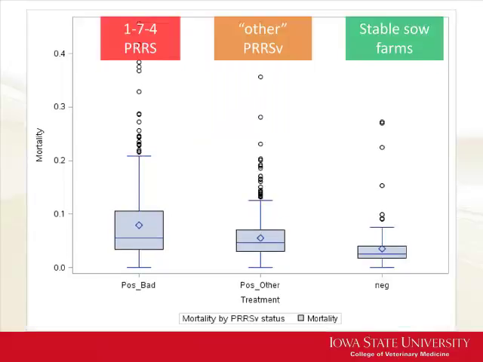We did a similar thing here, but we were interested in this slide on the effect of 174. So those were the flows positive for 174, classified as 174 flows. And those were positive for PRRS, but other, not 174 kind of PRRS. And those were flows classified as not active for PRRS virus.